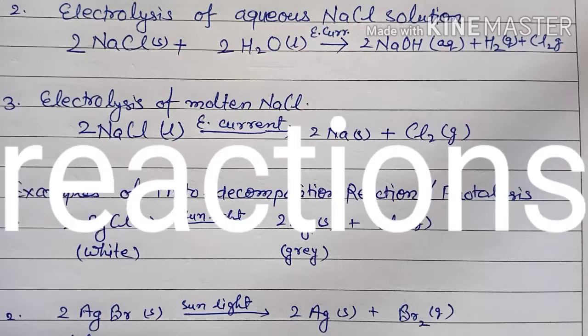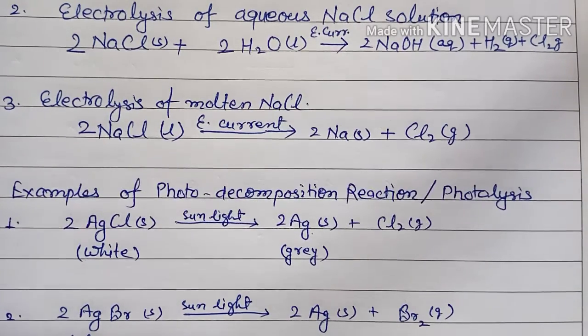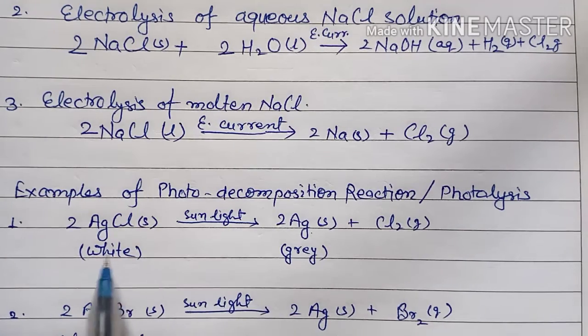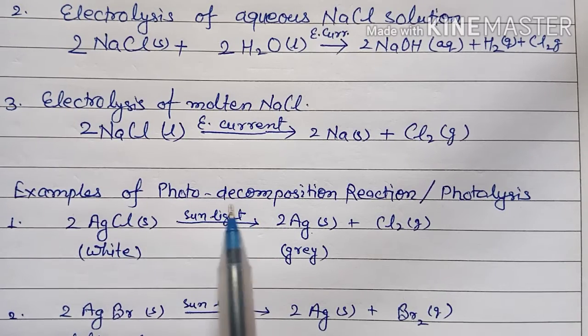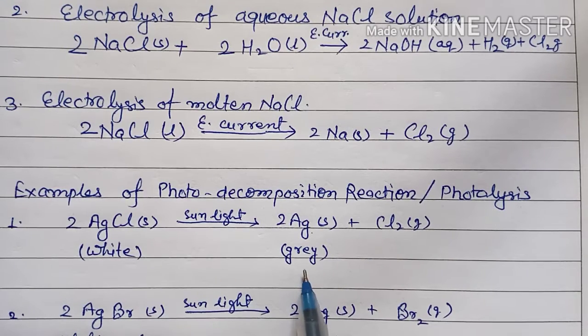Take a small amount of crystals of silver chloride, which are white in color, in a watch glass and place the watch glass under sunlight for some time, and the crystals slowly acquire grey color.